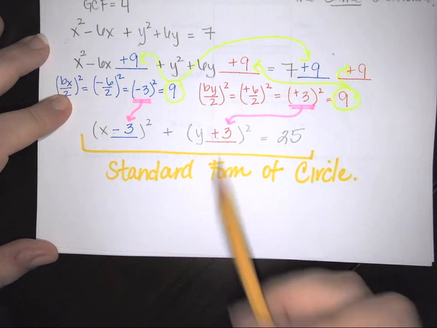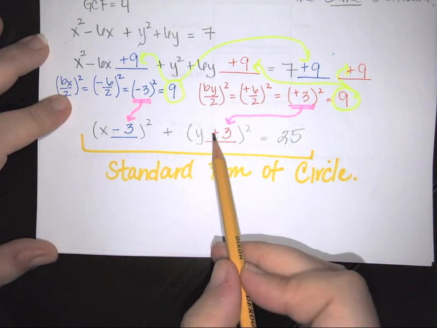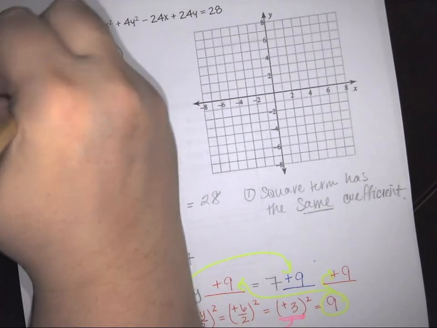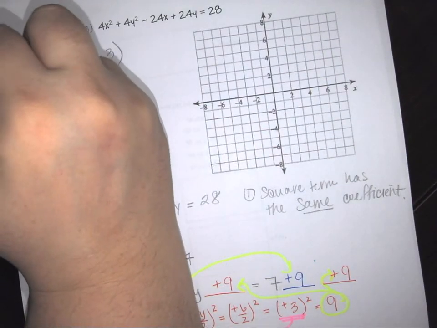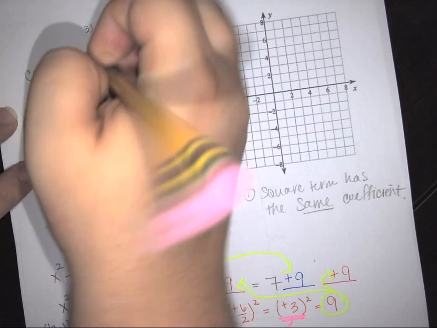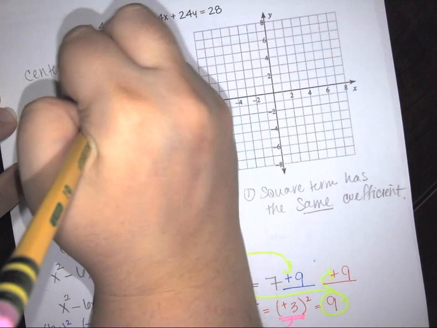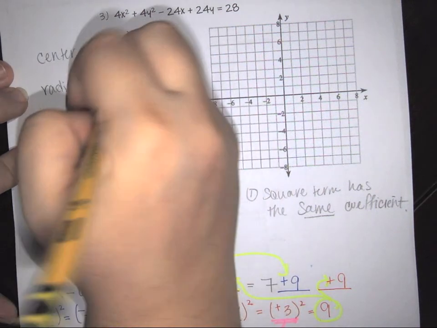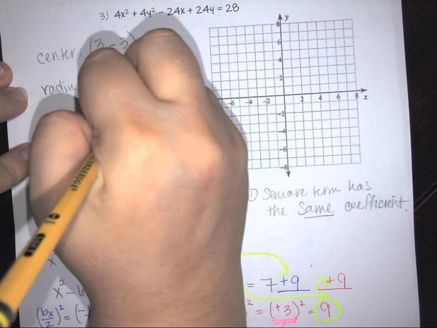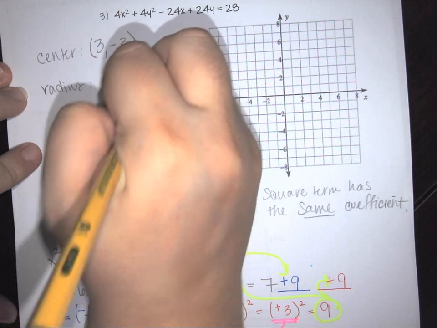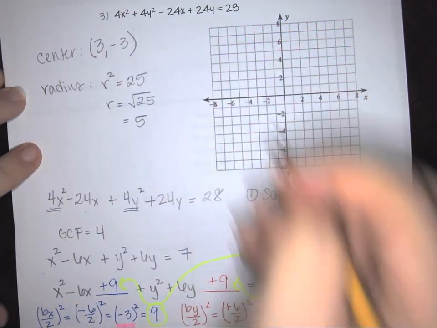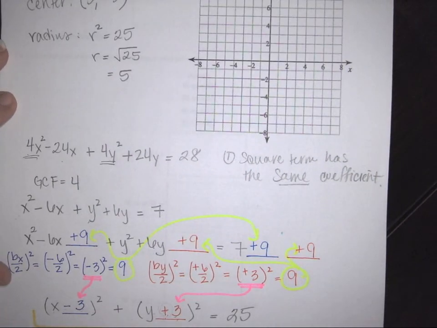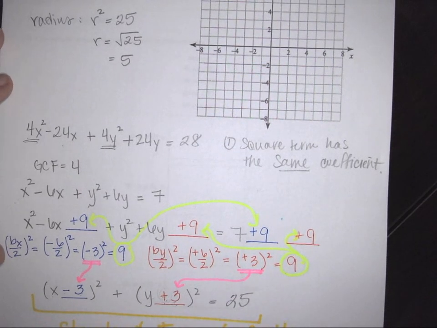Here it's plus, so y plus k means k is negative. Then my radius is found by r squared equaling 25. I need to take the square root, so r is the square root of 25, which gives me 5.